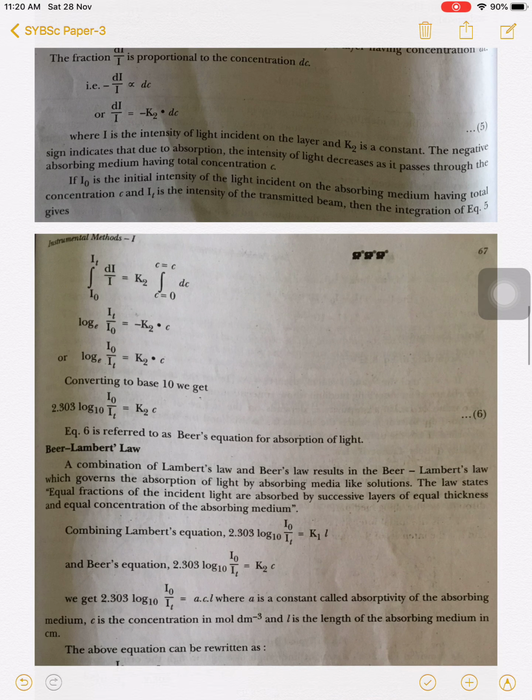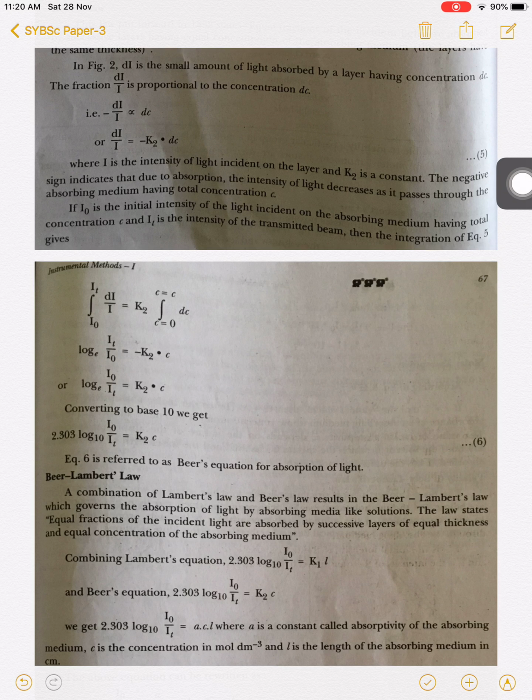Integration from I0 to IT, dI by I is equal to K2 from the lower concentration C0 to C, integrating the concentration term. By integrating this equation, we get log to the base e IT upon I0 is equal to minus K2 into C, or we can reverse the left side: log to the base e I0 by IT is equal to K2 into C.